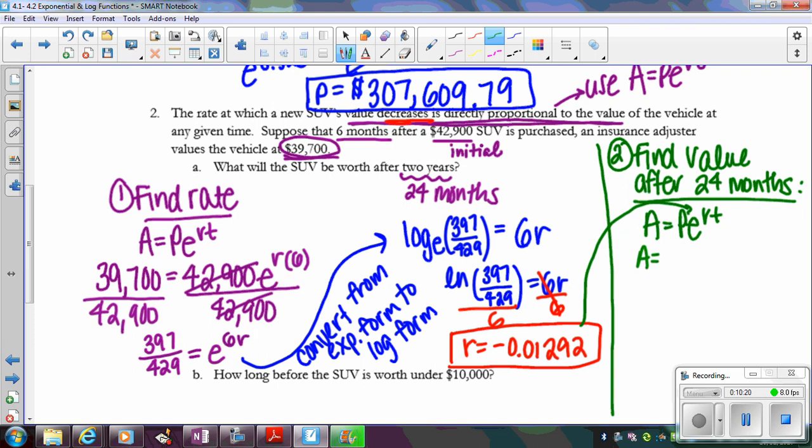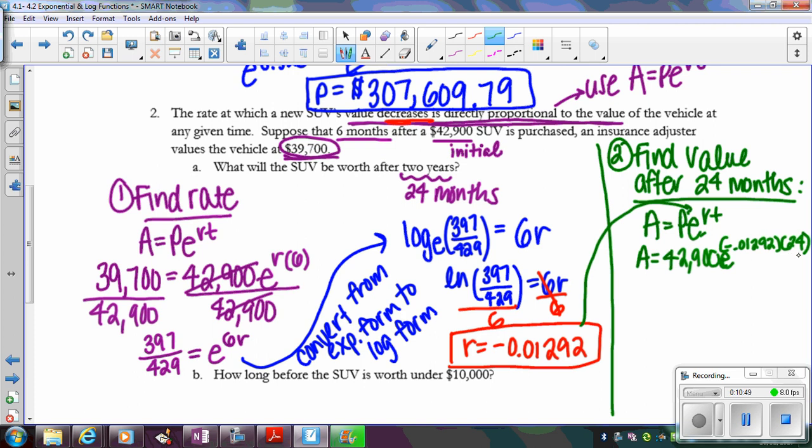The starting amount is still going to be the same, so that's going to be the 42,900 e, but now I'm going to plug in this whole decimal here. So it's going to be e to the negative 0.01292. The time period is 24 months because we solved for 6 months, so we have to make sure we're staying with the same units.